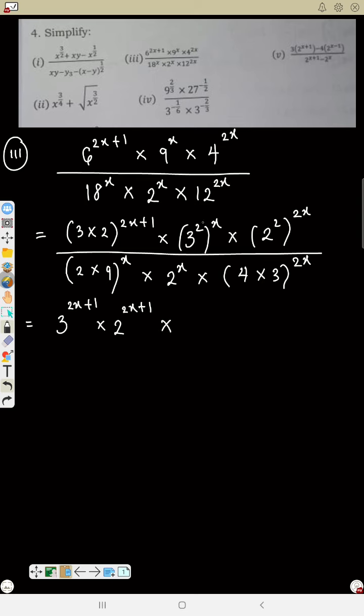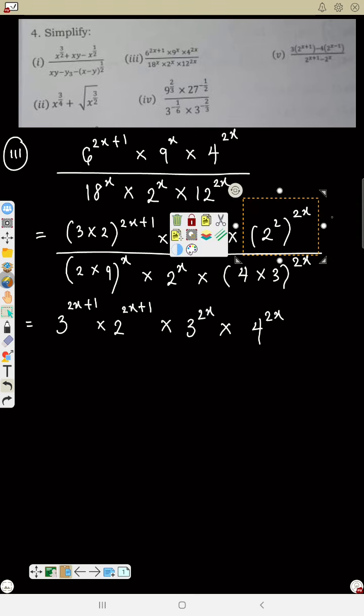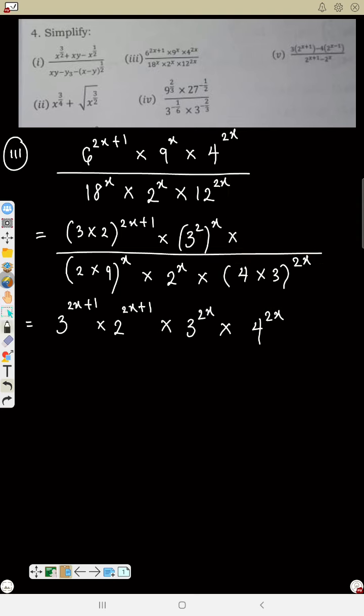Times, now 3 squared, this will be 3 raised to power 2x, times 4 raised to power 2x. Let me leave this as 4 raised to power 2x because something will cancel out in the denominator here. Our aim of splitting this is to cancel out terms.